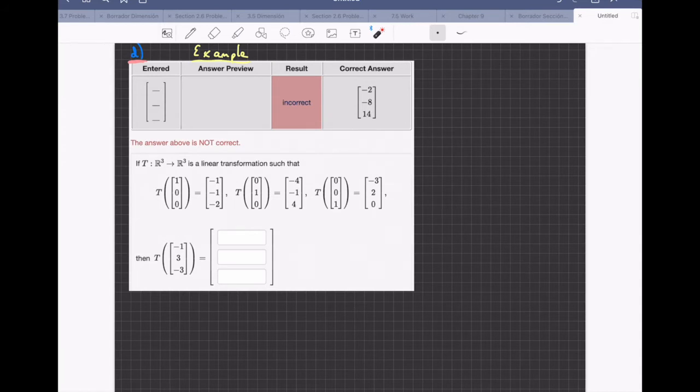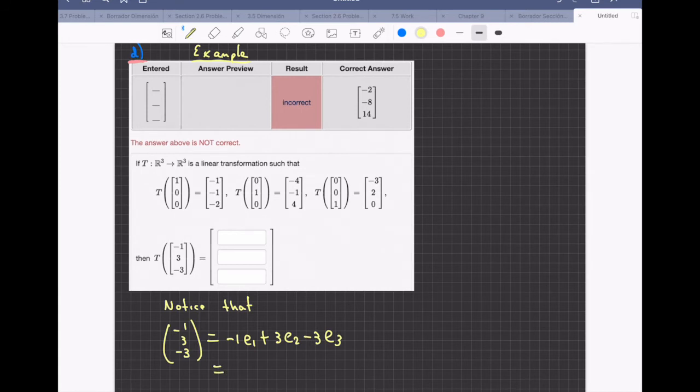All right, so we start in this way. First, remember that this vector, negative 1, 3, and negative 3, can be expressed in terms of the canonical standard basis. It would be -1 times E1 plus 3 times E2 minus 3 times E3.